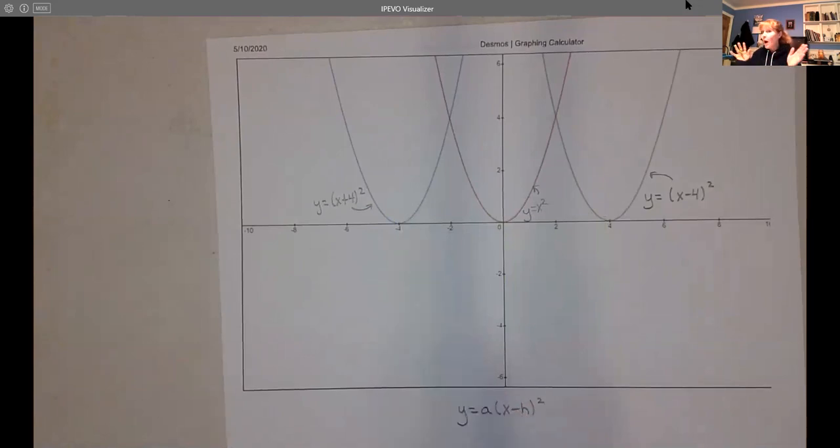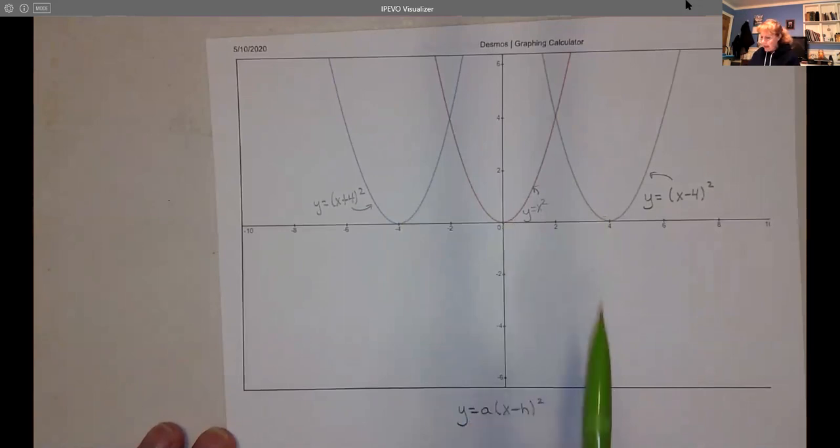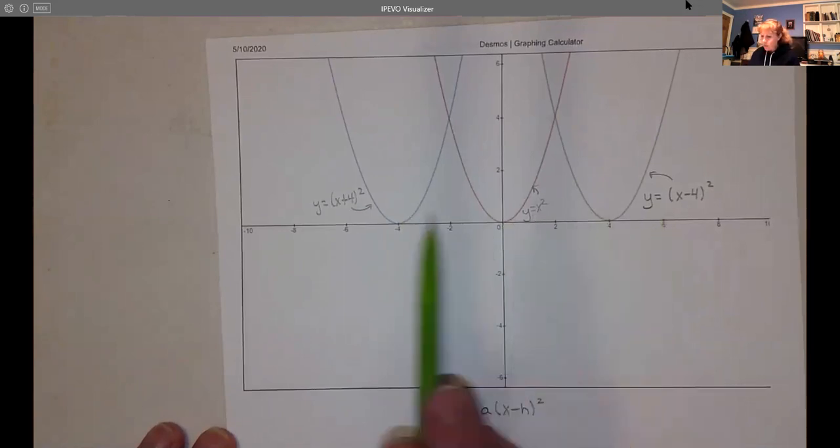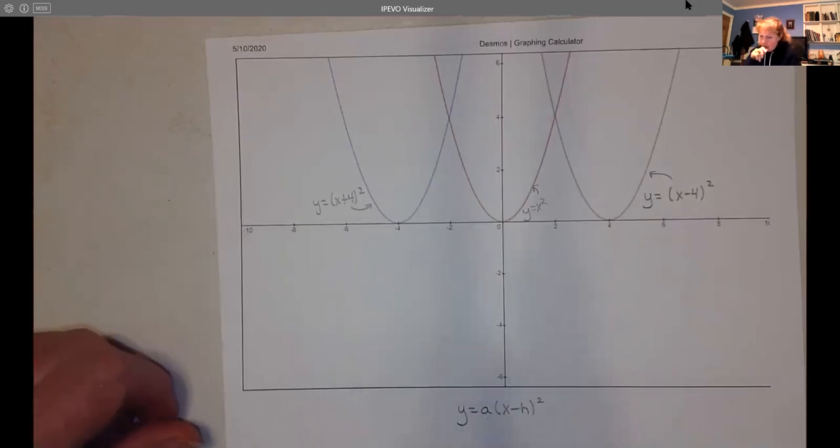None of these are wider, so this is not a fraction on any of these. None of them are narrower than this parent graph. This is our parent graph still. So the A in all of these cases is 1. It matches the parent graph. But what about the H? What did the H do?